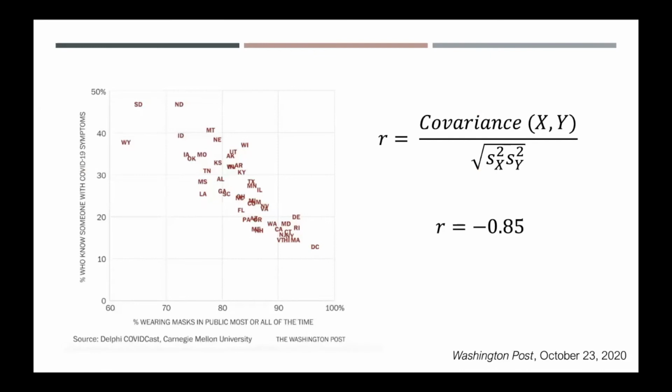Now remember that a correlation coefficient is a number between negative 1 and 1. So we can see that this negative 0.85 correlation is a very strong negative correlation between the percent of mask wearing and the percent of people who know someone with COVID symptoms. But is this correlation coefficient actually different from 0?